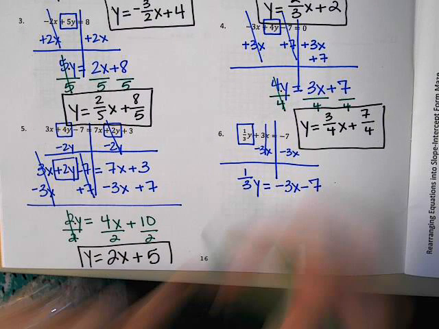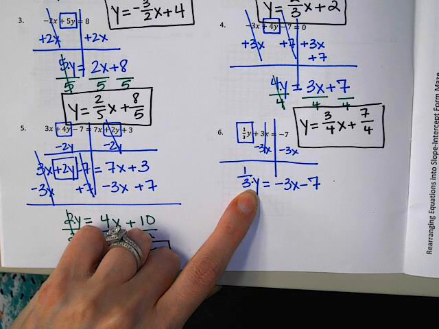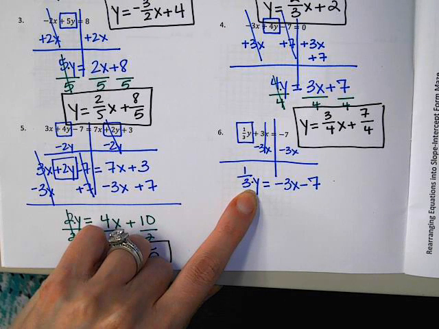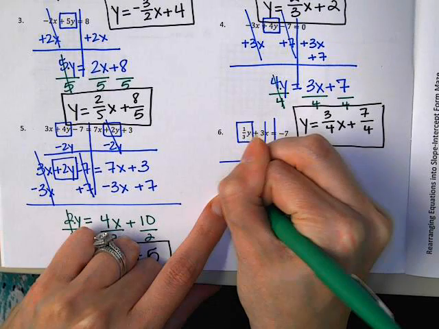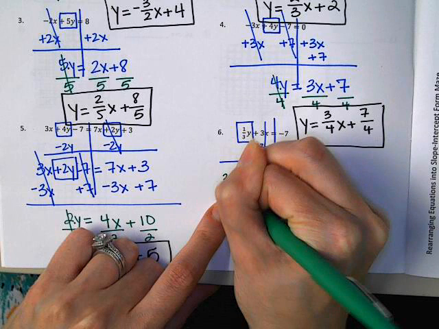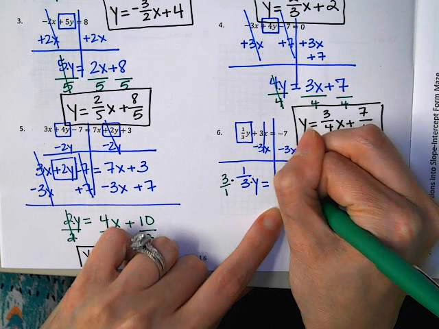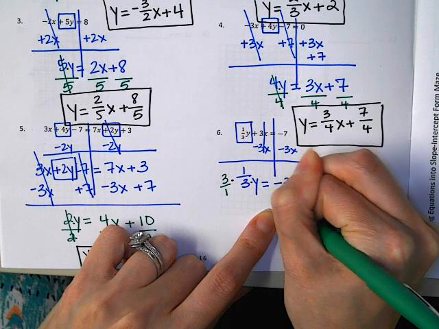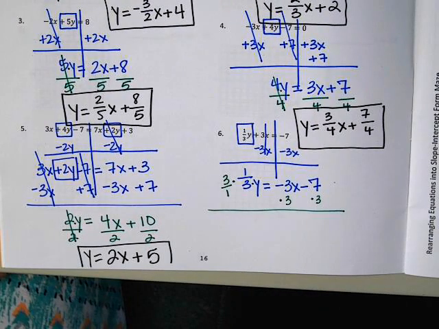Now, how do you guys undo multiplying by 1/3? Well, some of you might say divide by 1/3, or dividing by 1/3 is the same as multiplying by the reciprocal, 3/1. So really, we're multiplying every piece by 3/1.